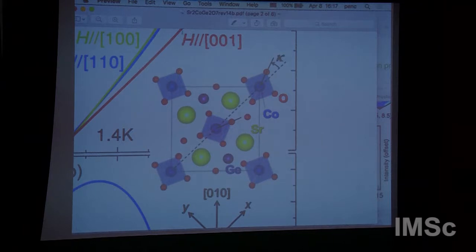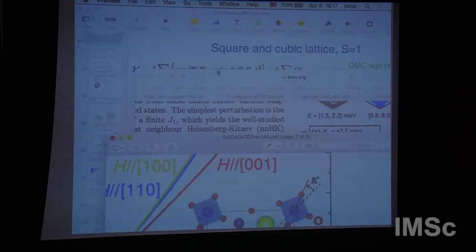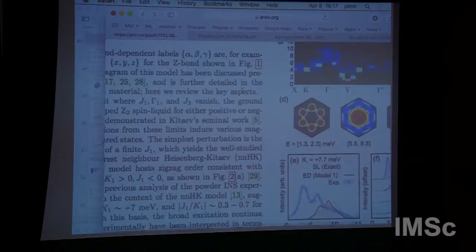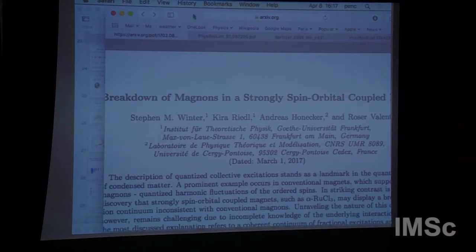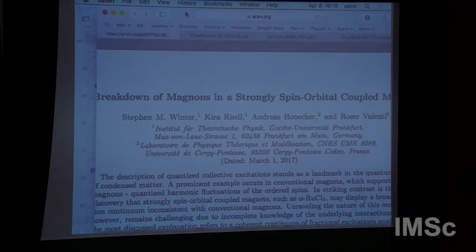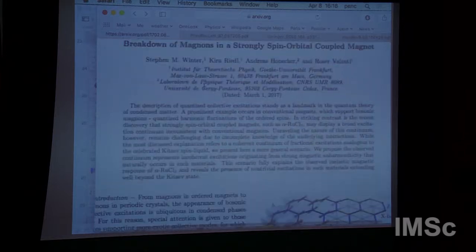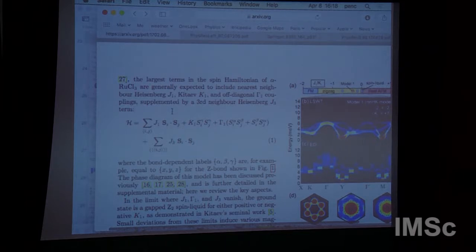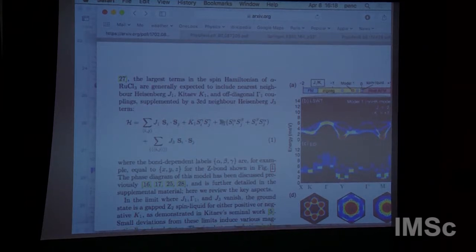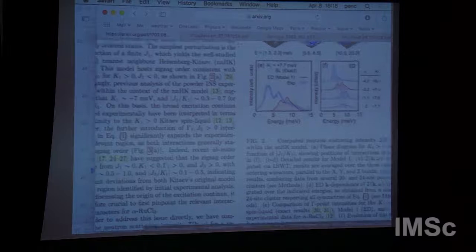Coming back to one of the earlier questions about the values of gamma, K and J. This was the paper I was looking for and didn't find at first. This is the arXiv version, still the Kitaev problem. Here is the Hamiltonian: J1, K, gamma. They only take one gamma, and these are some calculations.